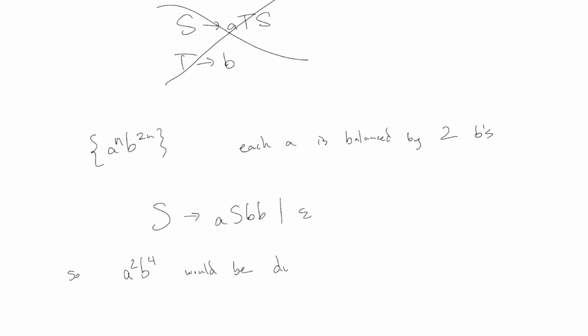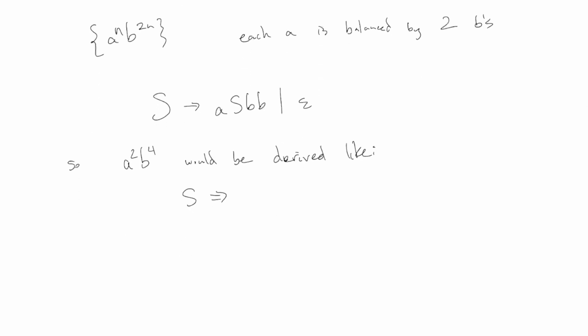would be derived like, I hope you remember how these grammar derivations go. In grammar derivations, you always start with S, and then you use the arrow as a substitution rule. So I would do S goes to ASBB first, and then do that same rule again.